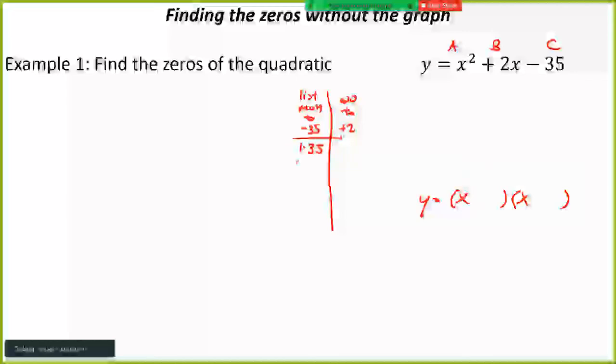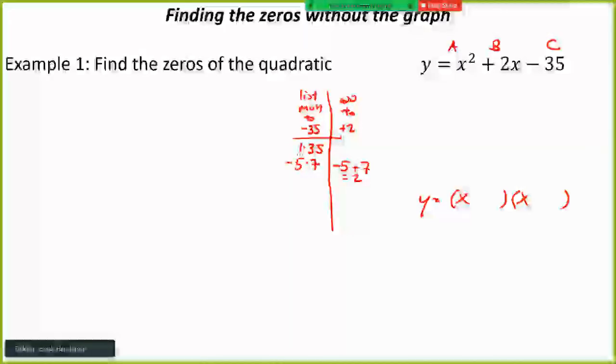2 doesn't work, 3 doesn't work, I think 5 works, 5 times 7. And notice that the space between 5 and 7 is 2, so this is probably going to be our winner. It's got to be a positive 2. They multiply to a negative, so one of the numbers is negative. So it'll be negative 5 plus 7, and that does equal positive 2.